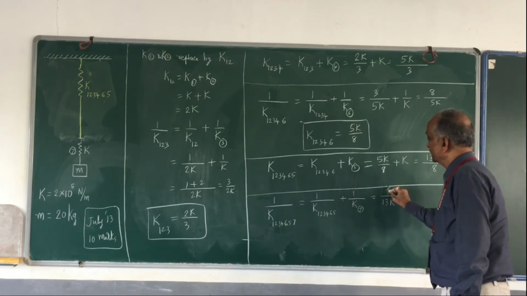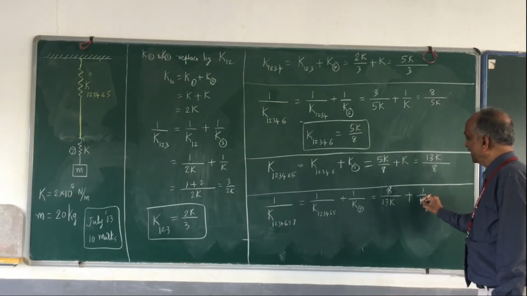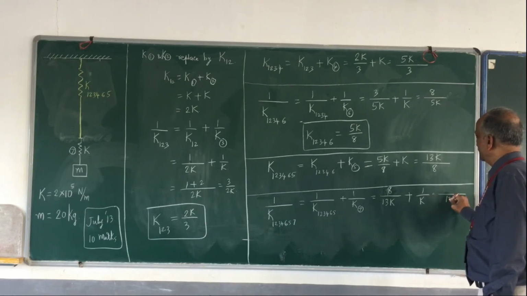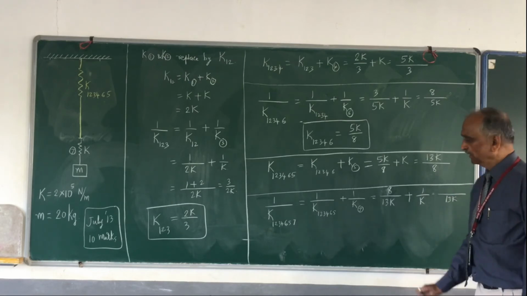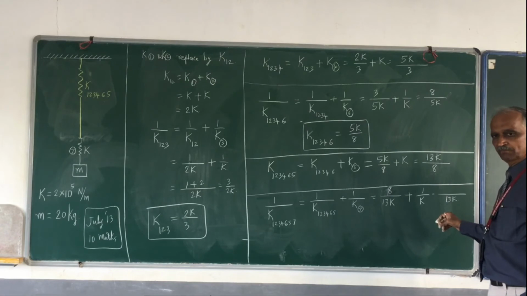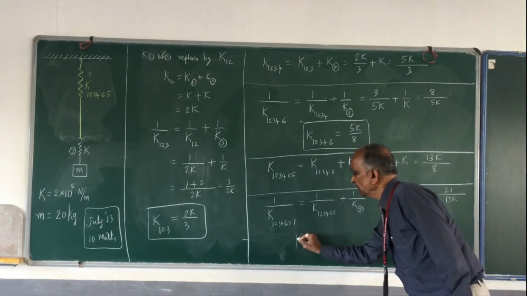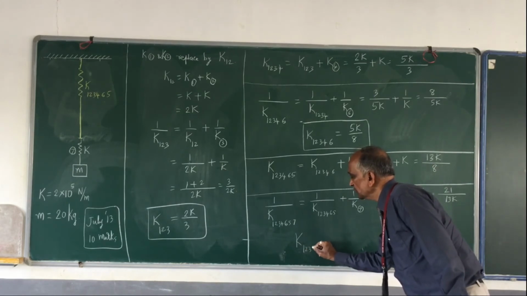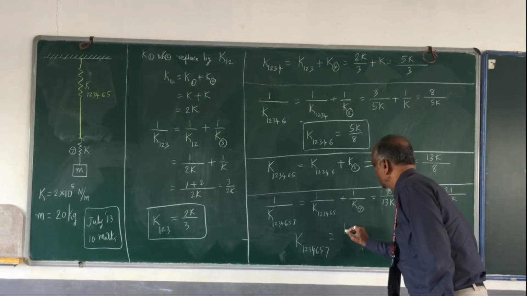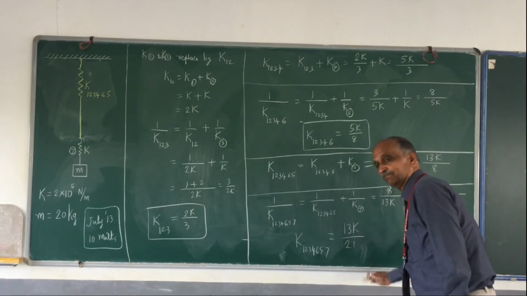So this becomes 8 upon 13K plus 1 upon K7, which is K only. So therefore the LCM is 13K. That means 8 plus 13, this is 21. So therefore K of 1, 2, 3, 4, 6, 5, 7 is equal to 13K divided by 21.